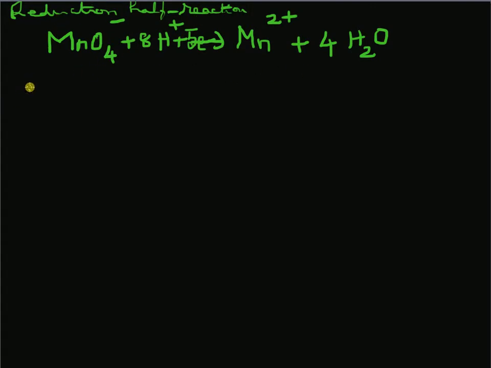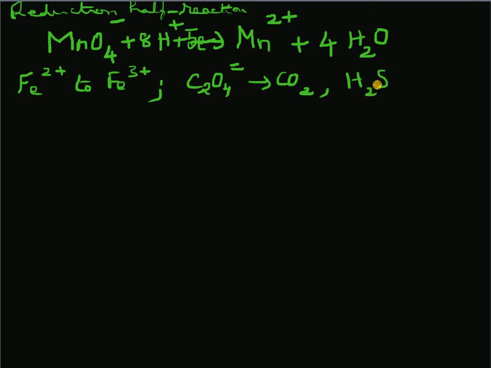Now, what are the substances that are oxidized? Fe2 plus to Fe3 plus. Then the oxalate ion C2O4 2 minus to CO2. Then H2S to sulfur we can write. Then I minus, iodide ions, to iodine.